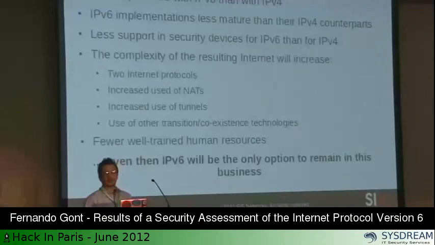You will also see an increased use of NATs, and this may sound ironic to many of you because you typically hear that with IPv6 we will get rid of NATs. But in practice the problem is that we have only a few IPv4 addresses. So, for example, we need to deploy more and more NAT devices in the IPv4 world so that we can share the remaining IPv4 addresses that we have.